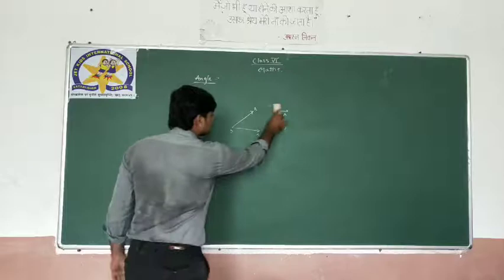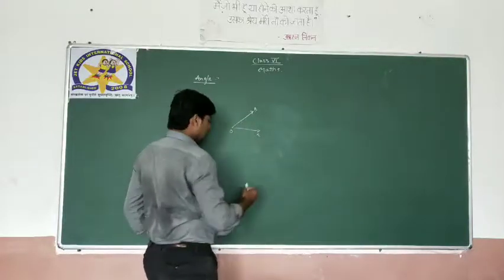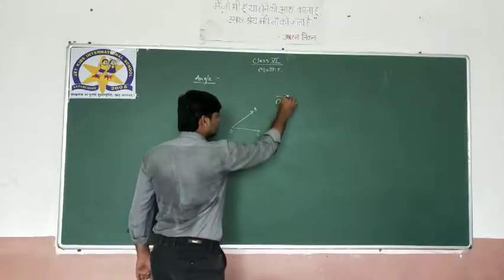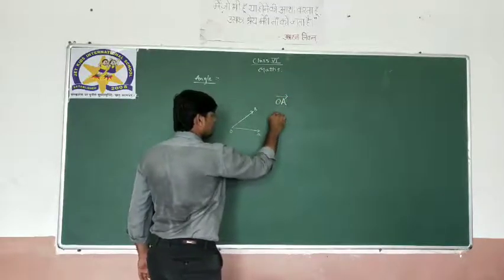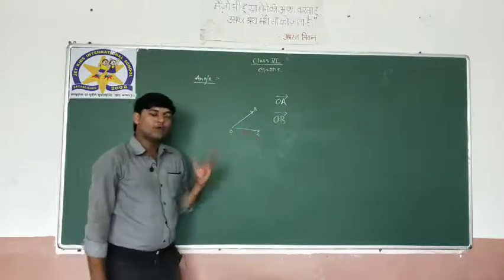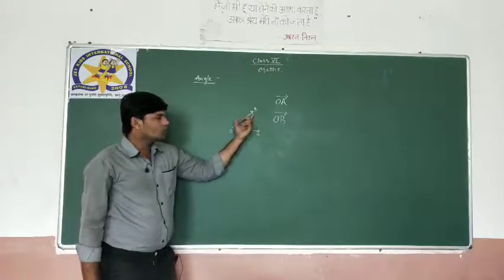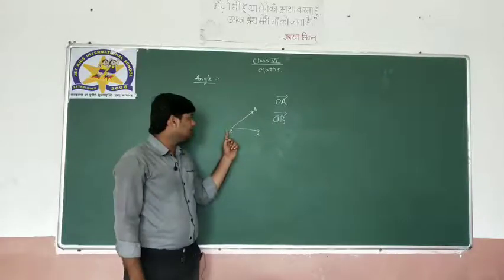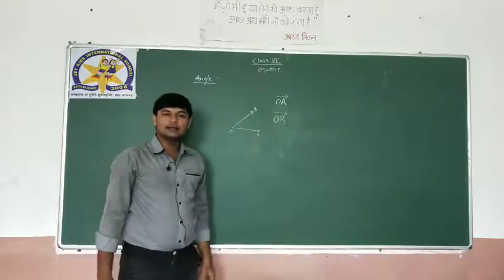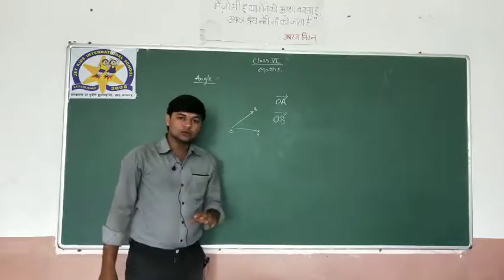So ray OA and OB. The most important thing here is that OA and OB are sharing one point, that is O. O is common in both rays.